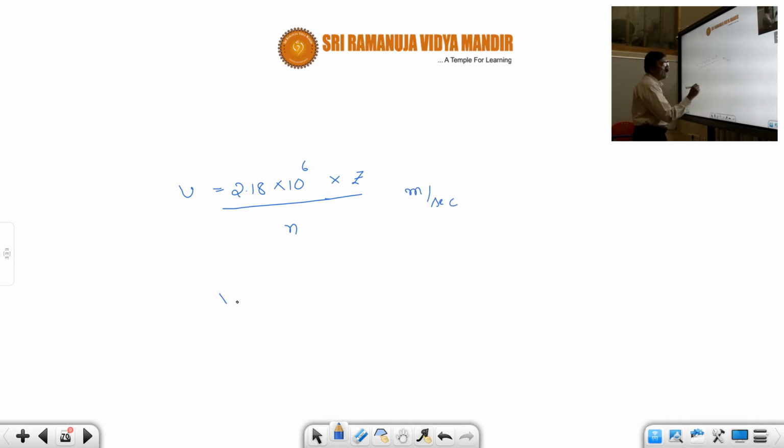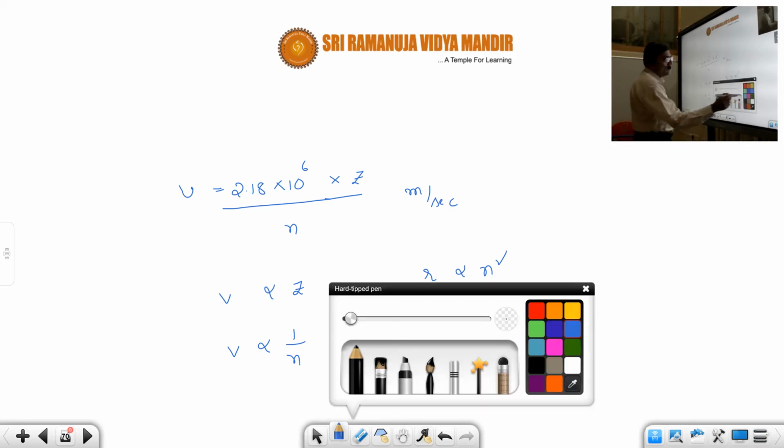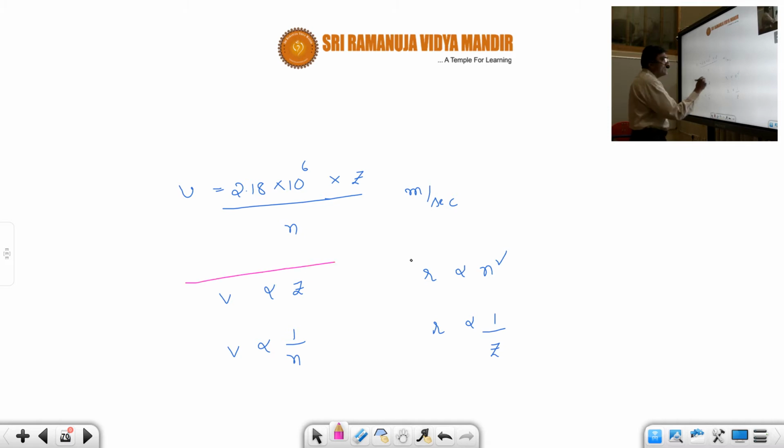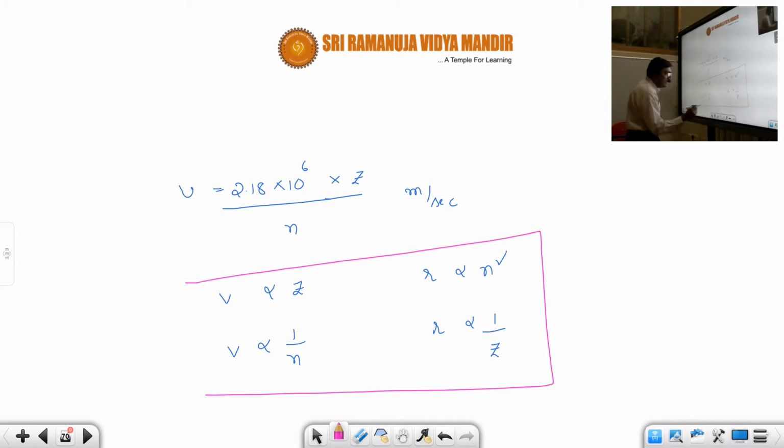Students, velocity here is directly proportional to z, and velocity is inversely proportional to n value, whereas radius is directly proportional to n square, and radius is inversely proportional to z value. This is the difference between the expressions which you have to understand, and where you have to present everything in graphical format. So here velocity v is directly proportional to z. Here velocity is inversely proportional to n. I hope you are very clear.